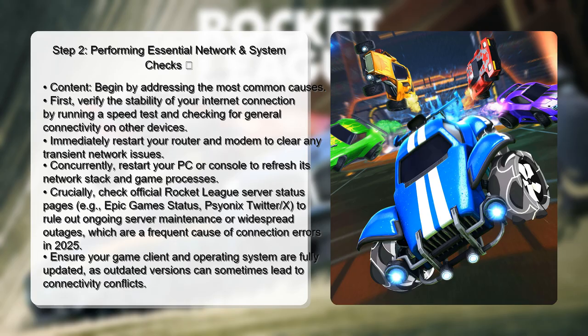Crucially, check the official Rocket League server status pages, Epic Games status, and Psyonix Twitter to rule out ongoing server maintenance or widespread outages, which are a frequent cause of connection errors. Ensure your game client and operating system are fully updated, as outdated versions can sometimes lead to connectivity conflicts.